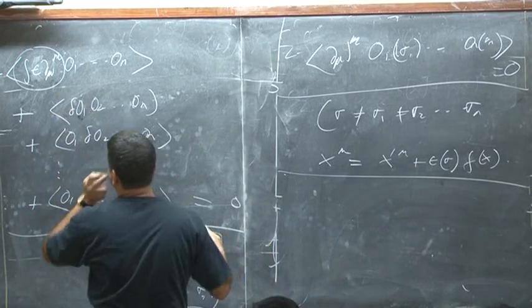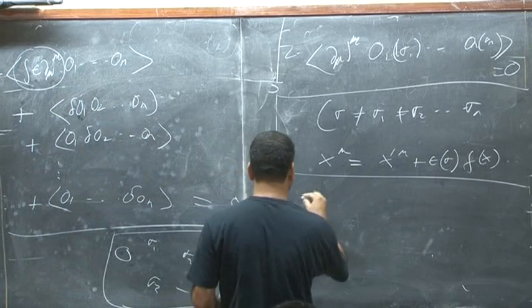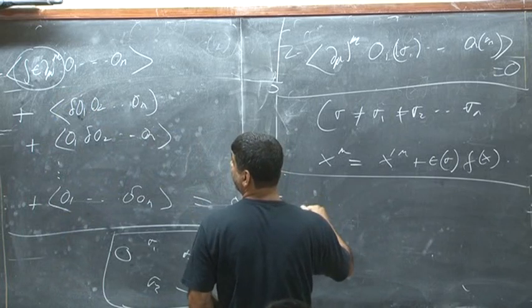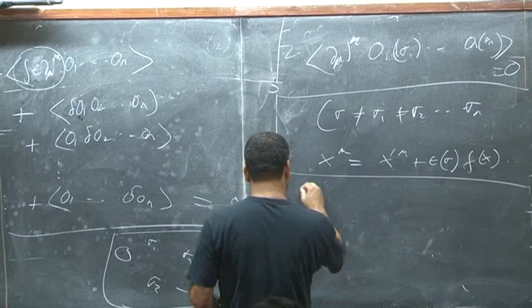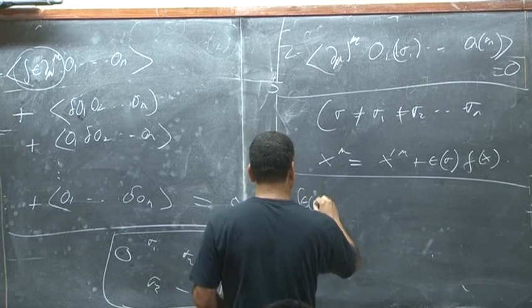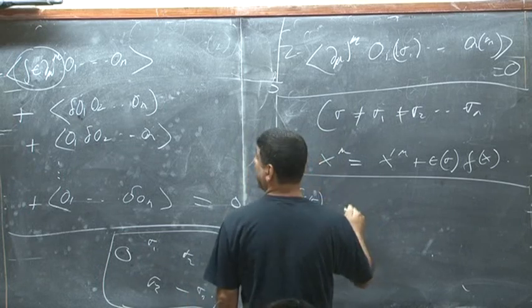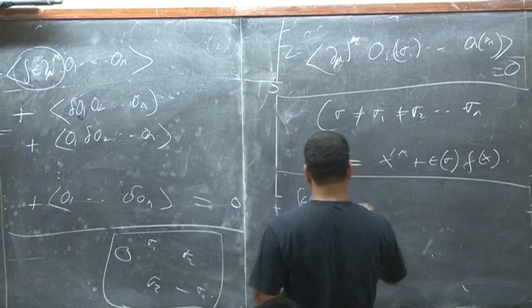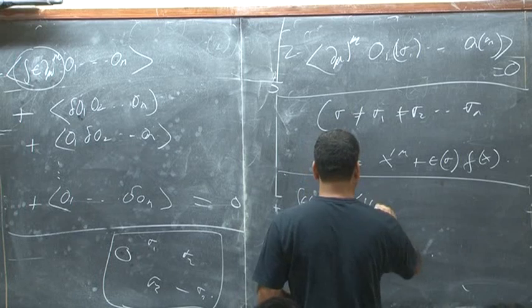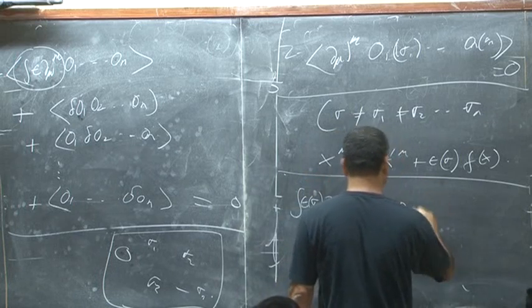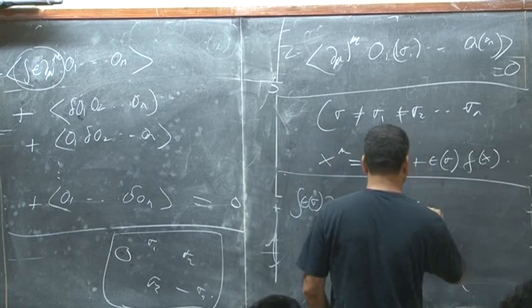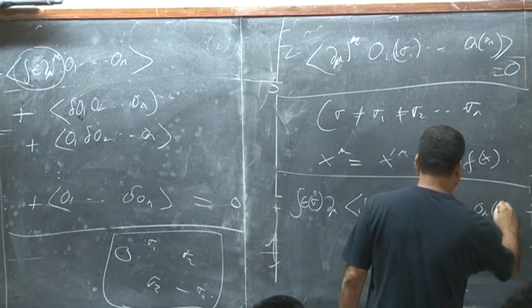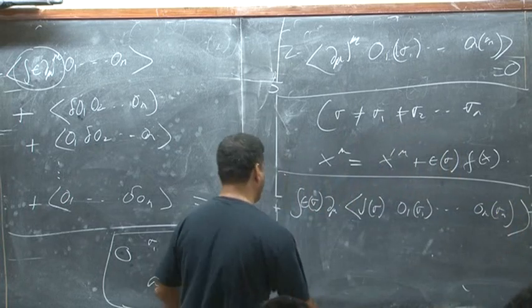So now we go back to this equation: the integral of epsilon of sigma del mu j mu of sigma O1 of sigma 1 ... On of sigma n.